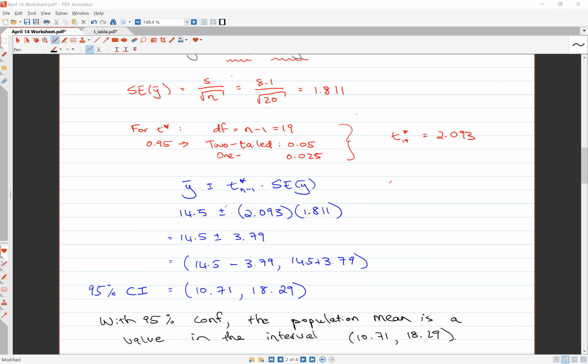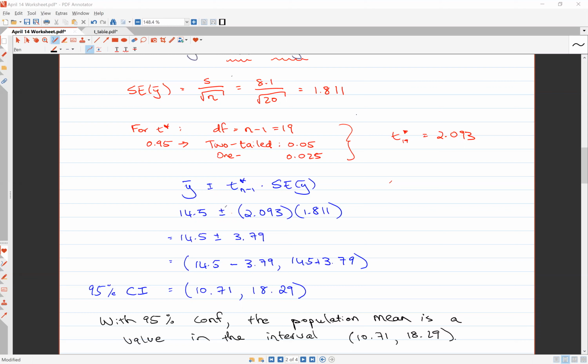Also, it's important to remember that the confidence interval doesn't tell you anything about individuals, right? It just tries to convey information about where the center of the population is, and the center as defined by the average.